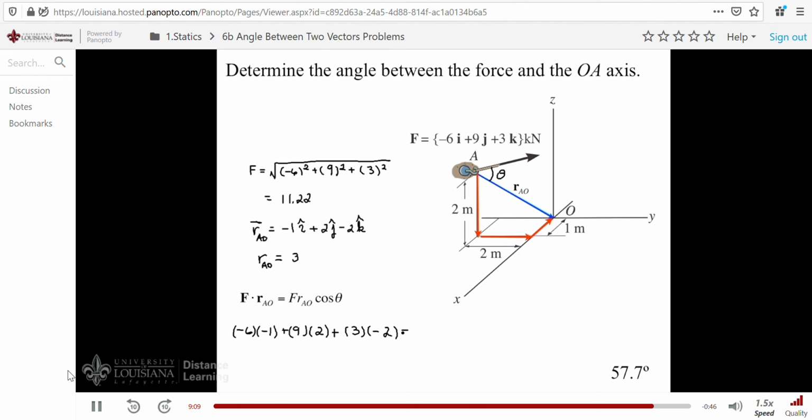And we set that equal to the magnitude of F, which was equal to 11.22. Finally, we have the magnitude of R of AO, which is equal to 3. Multiply this by the cosine of our unknown angle, theta. Now, in order to get the result, we simply calculate this number, and then we divide by this one, and look up the arc cosine. Realize that the units will cancel out, of course, because each term is in kilonewton meters. And so having completed the problem, we'll end our lesson.